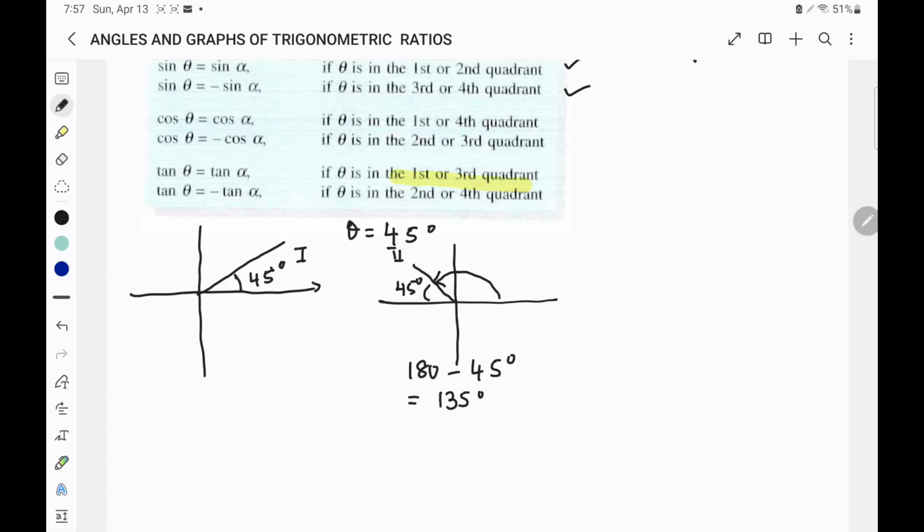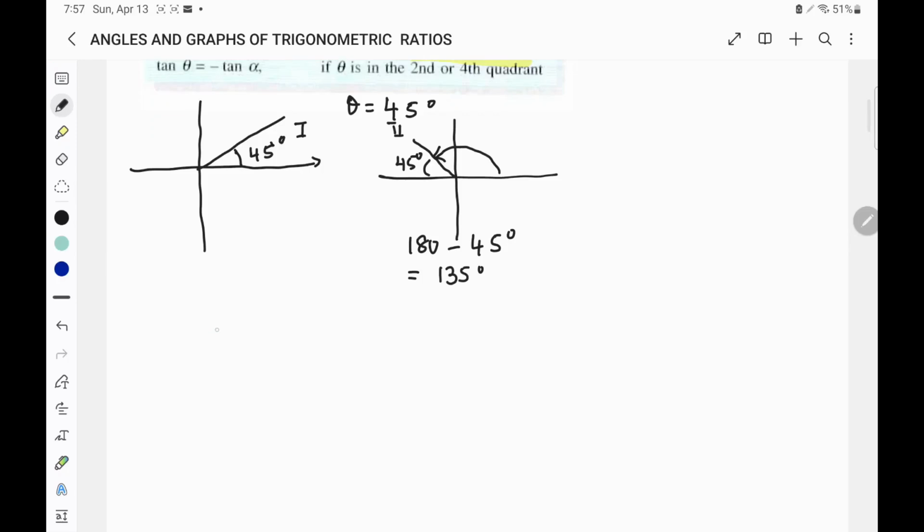Now let's discuss the third quadrant. If the angle is in the third quadrant, this is the 45 degrees; I'm keeping the same angle so you can easily understand. In CAST, sine is positive in the first quadrant, and in the third quadrant tan is positive.